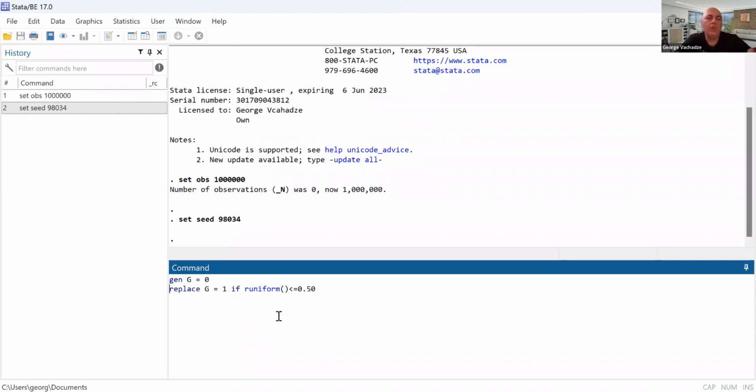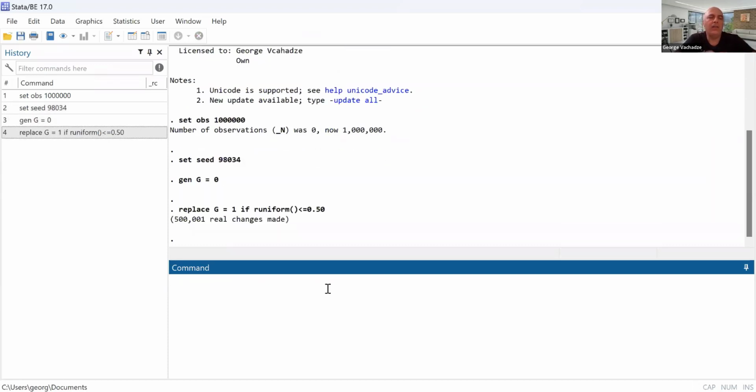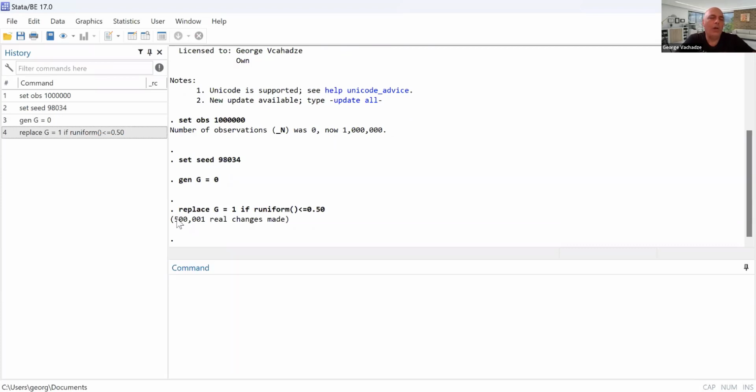That means g will show up as 1 50% of the time, so g will be 1 and 0 with equal probabilities. Let's run these two lines. You see here we have 1 million observations, and around 500,000 times the student takes the math class, which is confirmation that it's 50%. So half the students take math class and half do not.